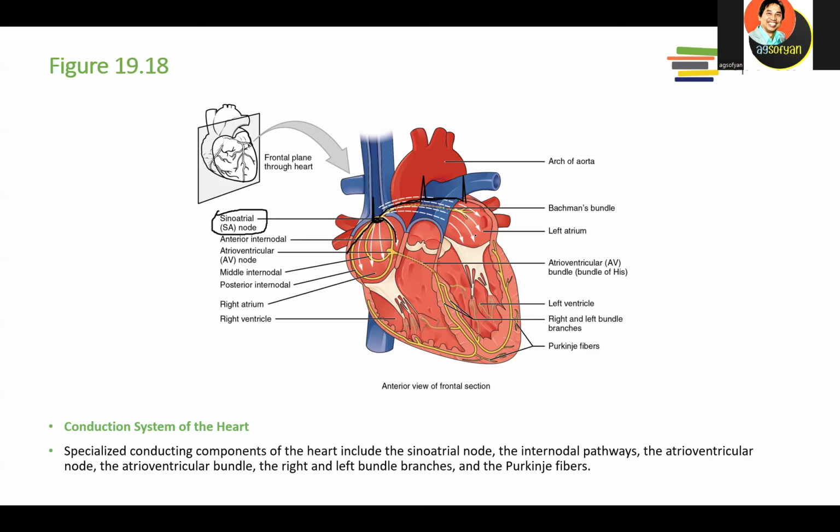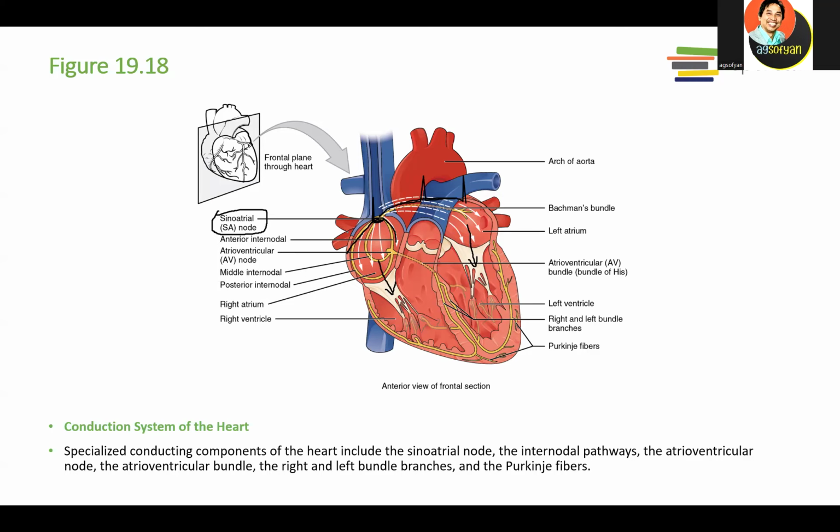When the atrium contracts, what happens? It will push the blood down, okay, from the atrium to the ventricle, from the right atrium to the right ventricle, from the left atrium to the left ventricle.